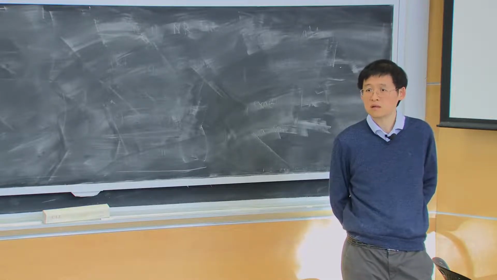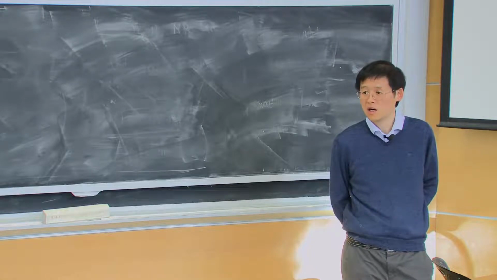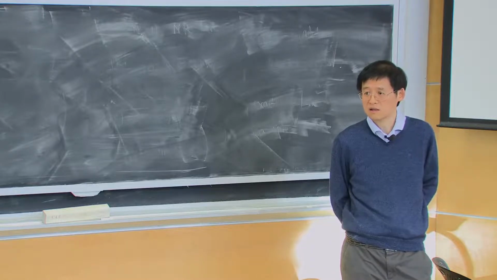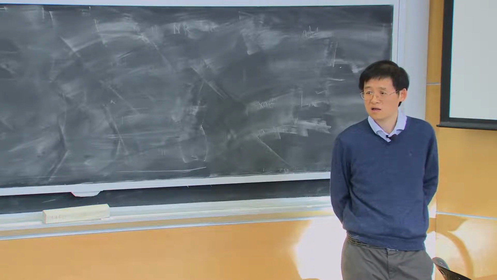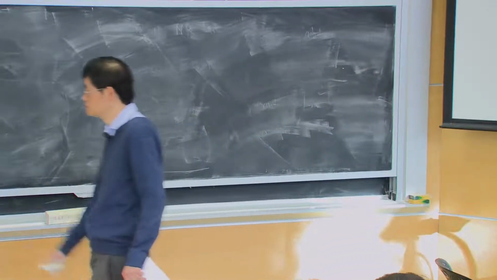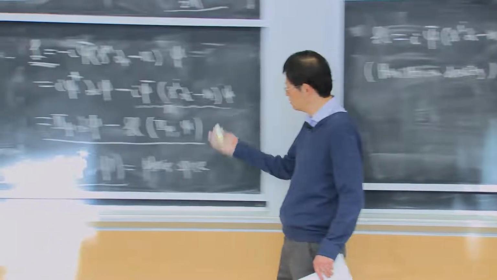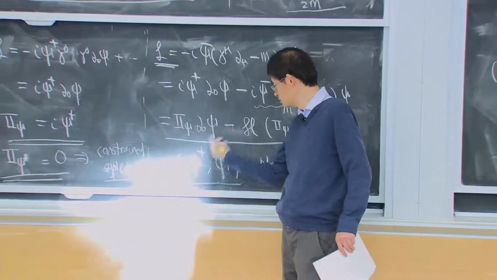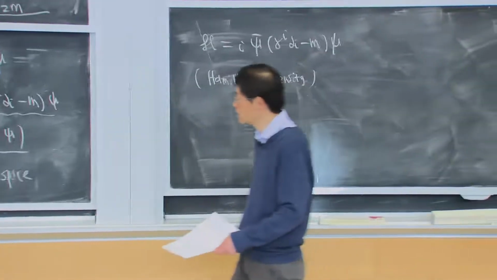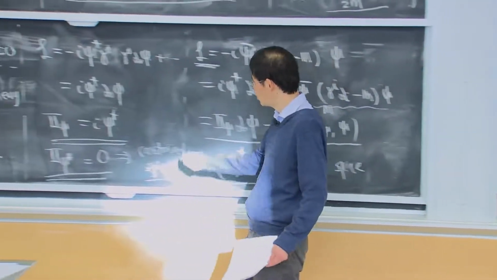So now we have the momentum operator. It's just the complex conjugate of the position. Yeah, exactly. So it's still like a constraint. That's why we call this a constraint system.